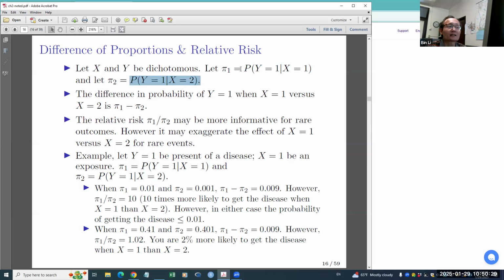Have you thought about, are these estimable? Can we estimate that from the table? Maybe not. Maybe we cannot estimate that because of the limitation for the study. And so we cannot find the difference of proportions. And also, we cannot get the relative risk because we cannot estimate these two conditional probability.